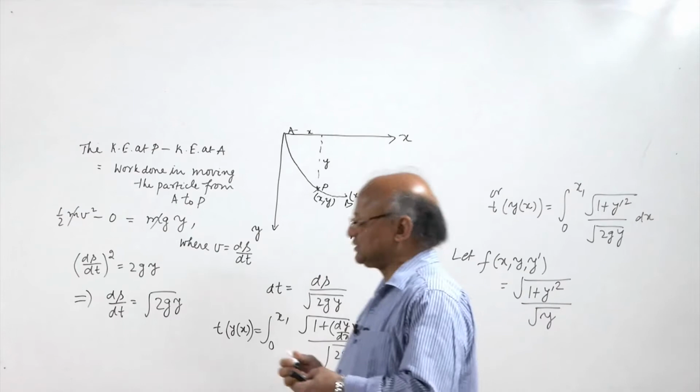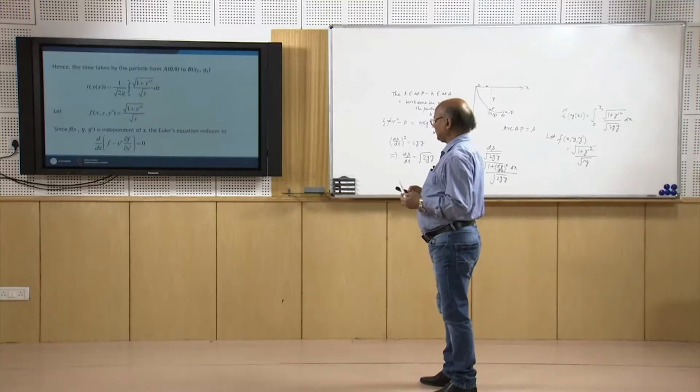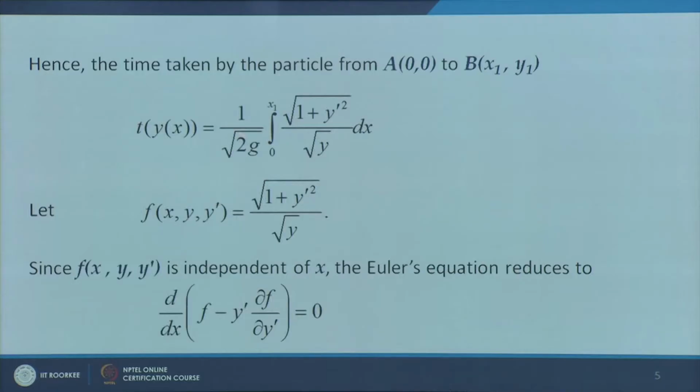One over root 2g is a constant, so it does not play any role in determining the extremum value of this integral, so we have taken it outside.